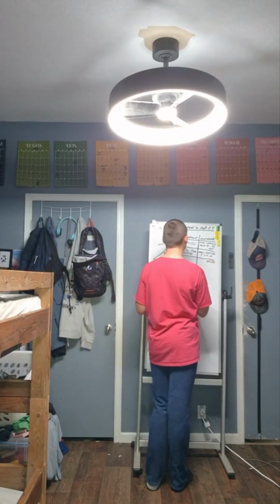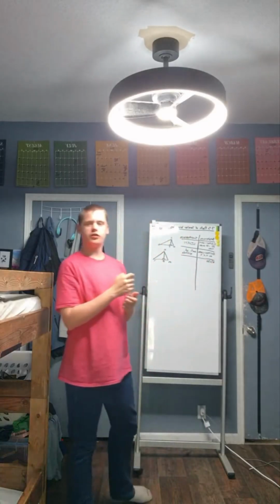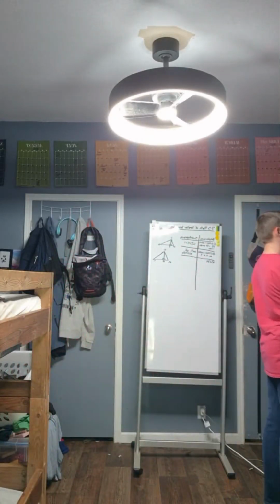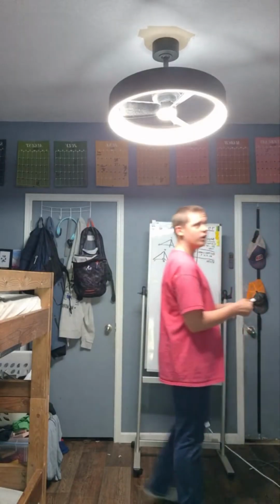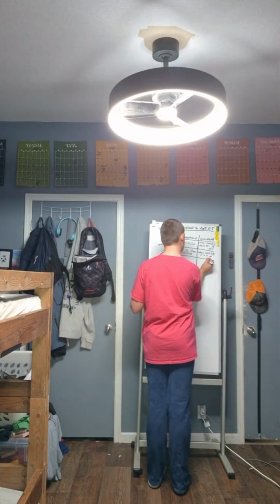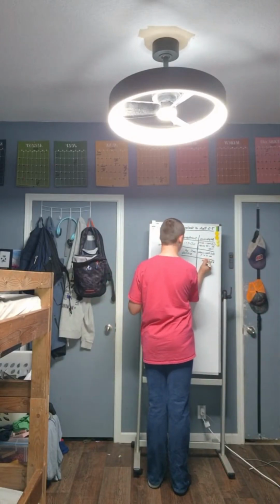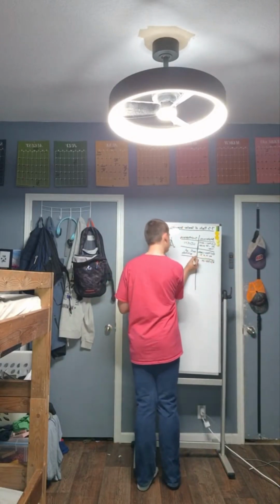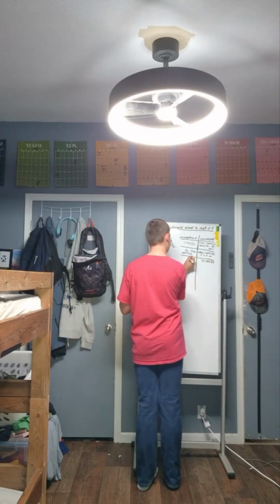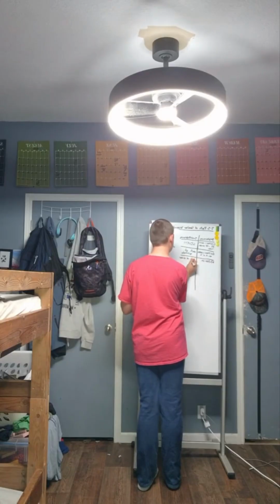Okay. Speaking of which, angle H is congruent to angle M. And that's definition of similar polygons.